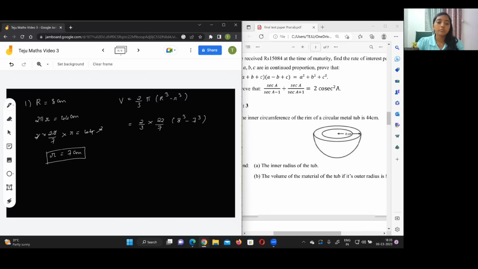So which is 2 by 3 into 22 by 7 into 512 minus 343, which is nothing but 169. This is nothing but 2 by 3 into 22 by 7 into 169.